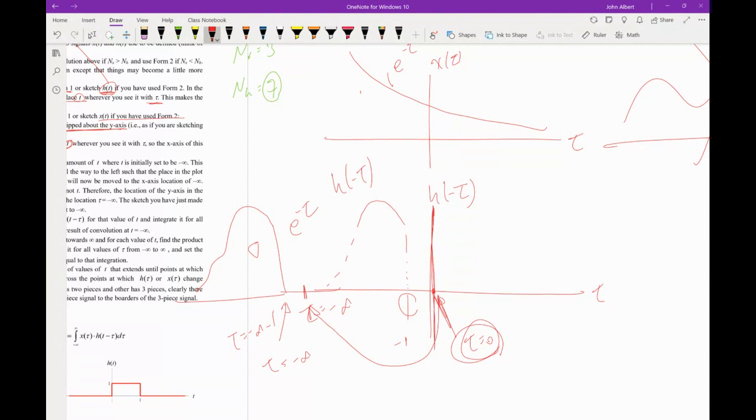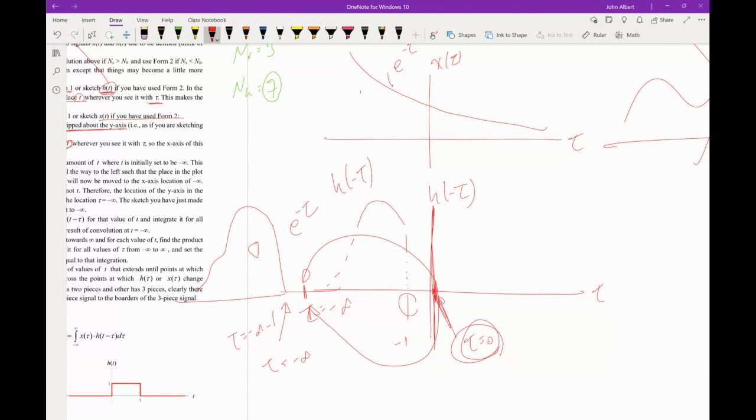So I'm taking the function and shifting it all the way to minus infinity. Everything in this function remains exactly in the same position relative to itself, except that everything has been shifted to minus infinity. Meaning this point will come here to minus infinity, and any point to the left or to the right of it will go to minus infinity plus 2 or minus infinity minus 1 and so on.